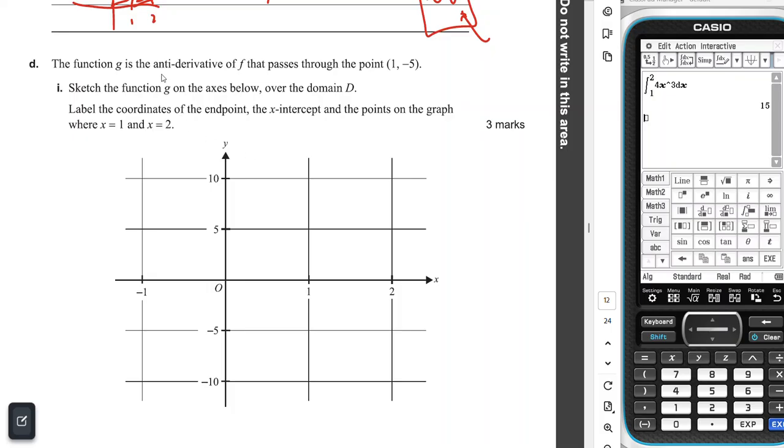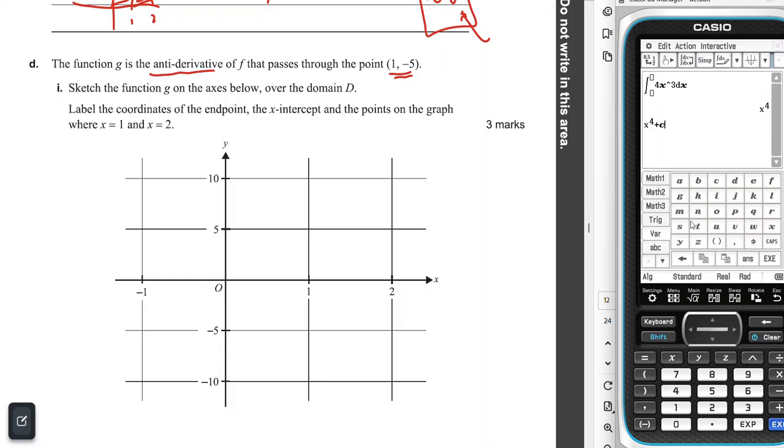Function g is the antiderivative of f through the point. So if I take the antiderivative without terminals, x to the power of 4 plus c, and I know that that will equal -5 given x equals 1.